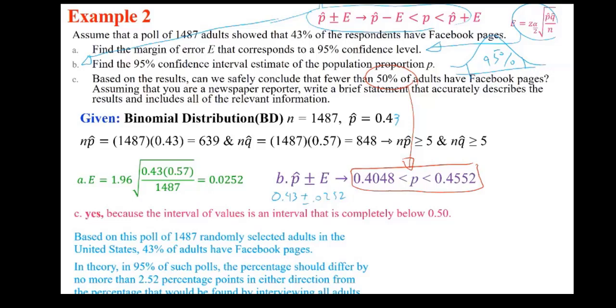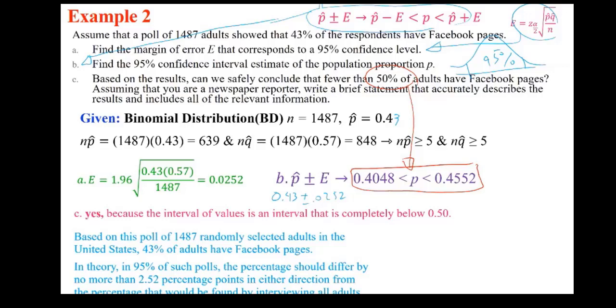In other words, we are 95% confident that the interval from 0.4048 to 0.4552 actually contains the true value of proportion p. That's the idea behind this concept. So that's how you do the interpretation.